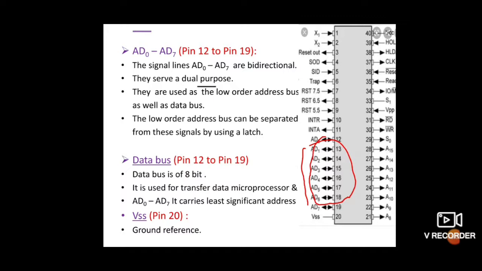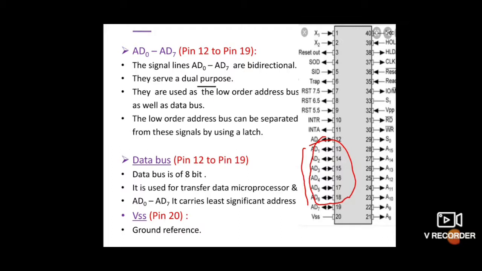Now when to transmit the data and when to transmit the address? Because address is 0 to 7 and data is 0 to 7. Understand? The address bus in 8085 is a 16 bit address bus.